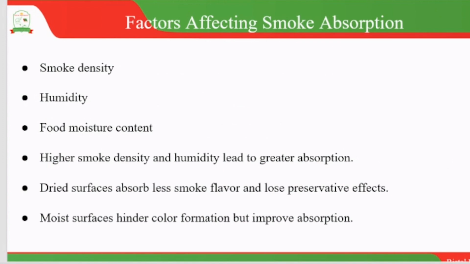Dry surfaces absorb less smoke flavor compared to those that are a little bit watery, or less dry, and these also lose preservative effects. Moist surfaces hinder color formation but improve absorption. Most dried surfaces, once exposed to smoke and a little heat, will start browning. But if a moist surface is exposed to heat, the color does not form as much.